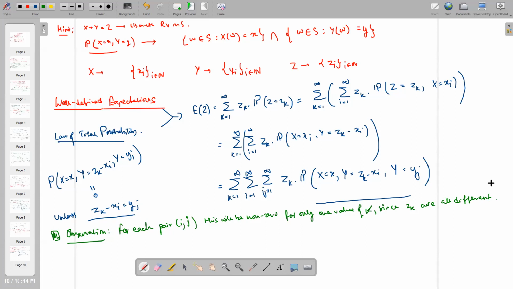Therefore, what can we write? How can we simplify the above summation? We are stuck with this, right? For each i and j, we can write this.